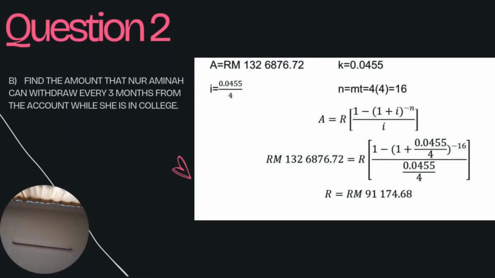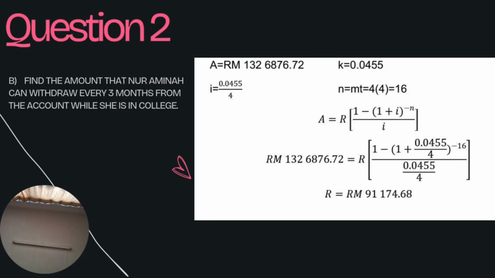For question B, find the amount that Nur Aminah can withdraw every 3 months from the account while she is in college. The formula for this is A equals R, 1 minus (1 plus i) to the power negative n, over i.